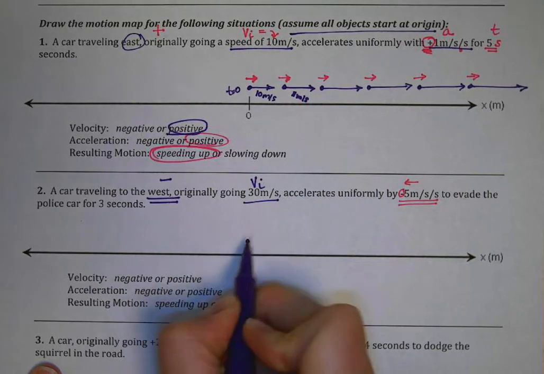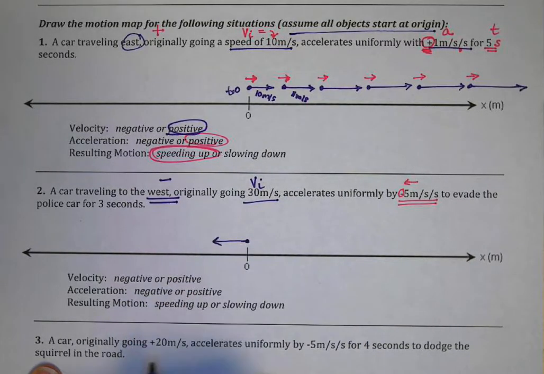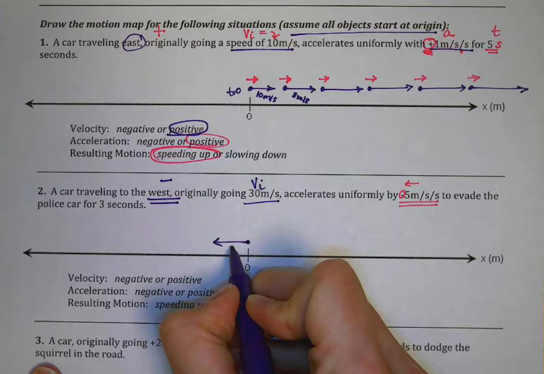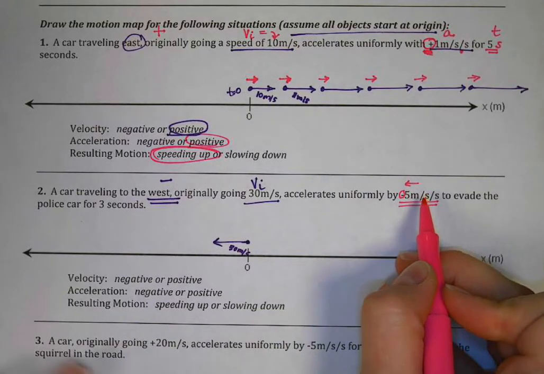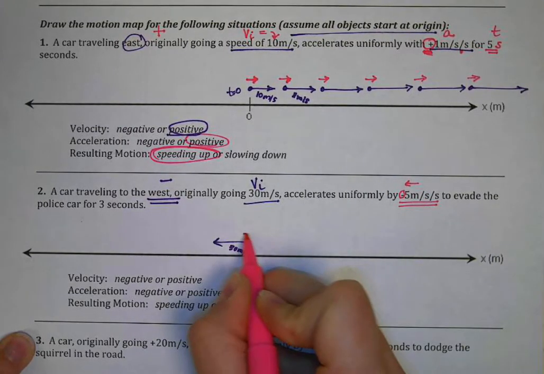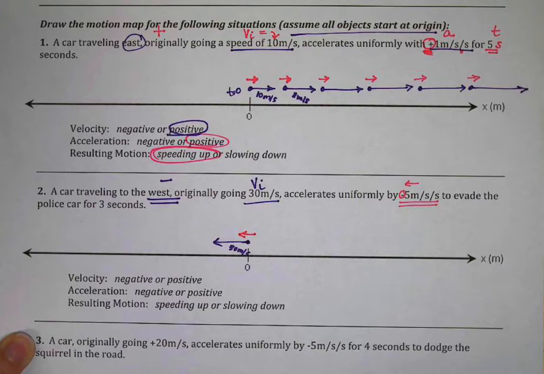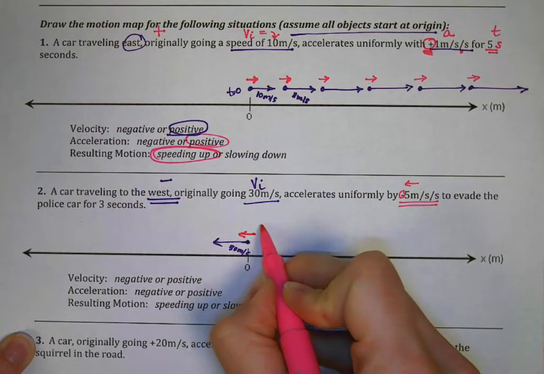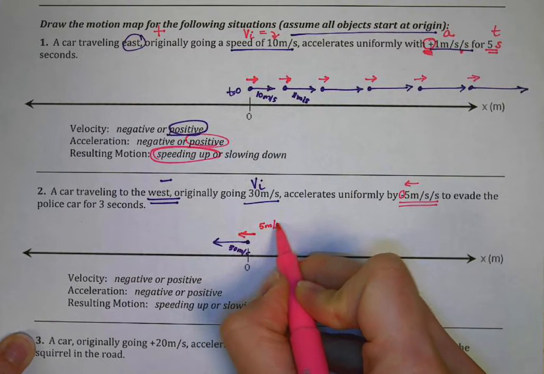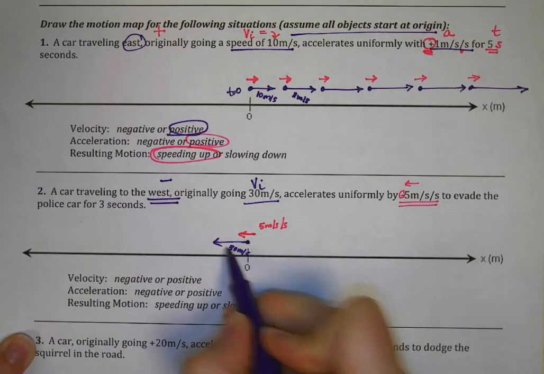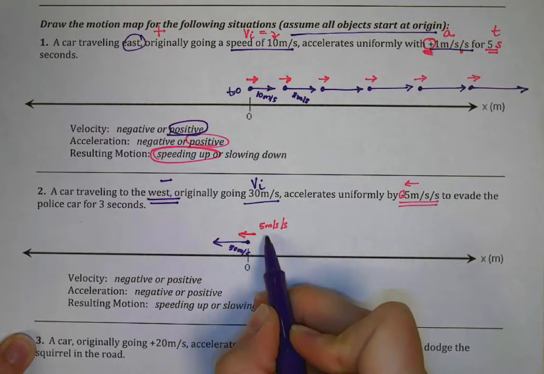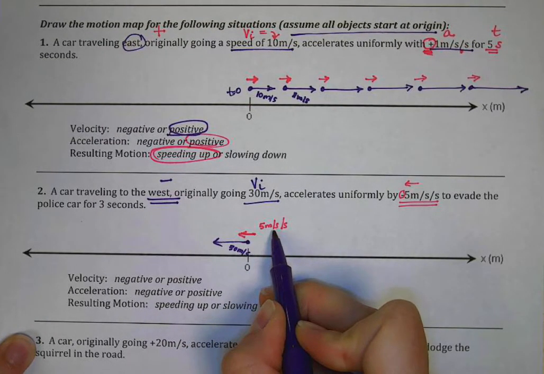My initial velocity is 30, but west, so I'll draw it to the left, and that value should signify 30. If my acceleration is also to the left, my acceleration arrow has to be drawn to the left. That arrow, the pink arrow, will be representing 5 meters per second per second. So after 1 second passes, my velocity will have changed by 5 meters per second.